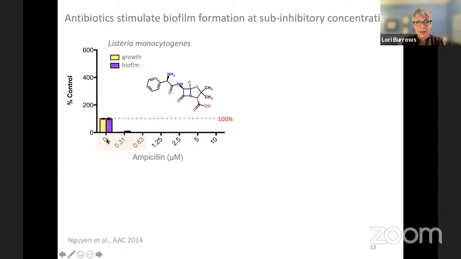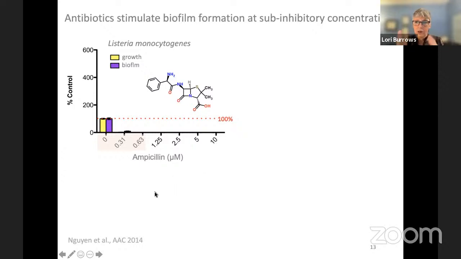Zero is just our vehicle control, the DMSO that the drugs are resuspended in, and we set this as the baseline. So this is normal growth and normal biofilm formation. But as soon as we tested even a small amount of ampicillin, we just killed the bacteria. So we thought this might be too high as a screening concentration.